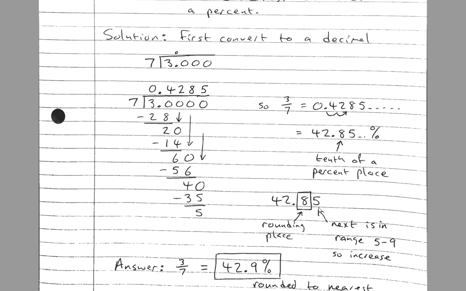Then check the next digit to the right. That's a 5. That's in the range 5 to 9, so that tells us we have to increase that 8 to a 9.